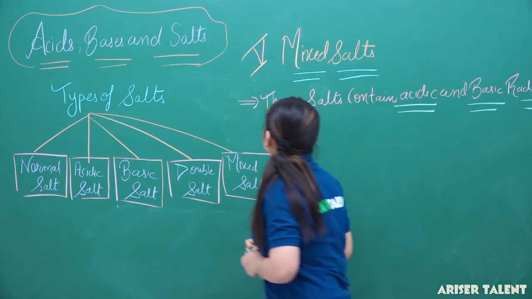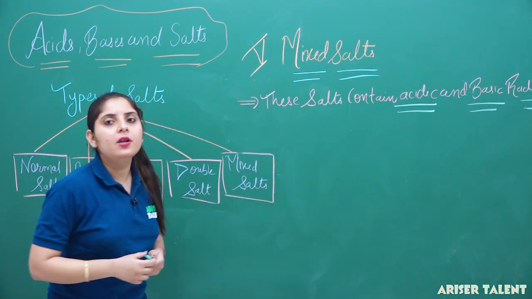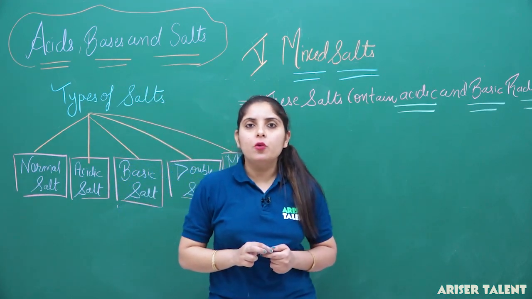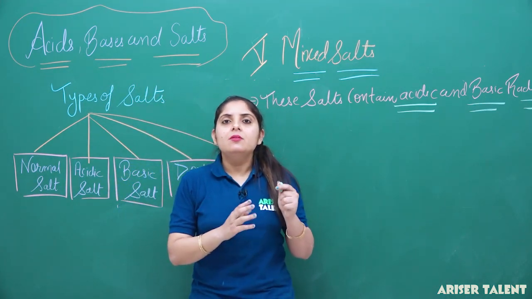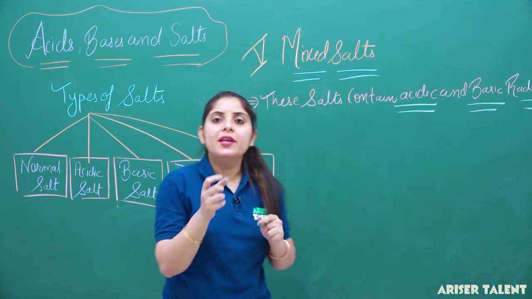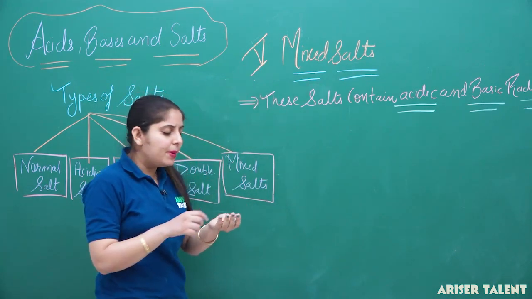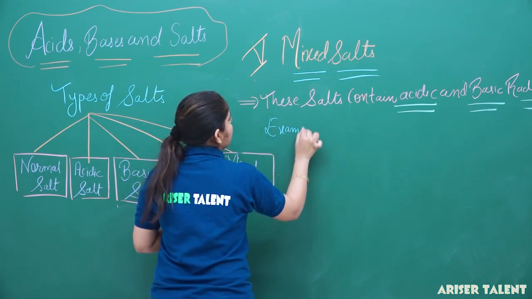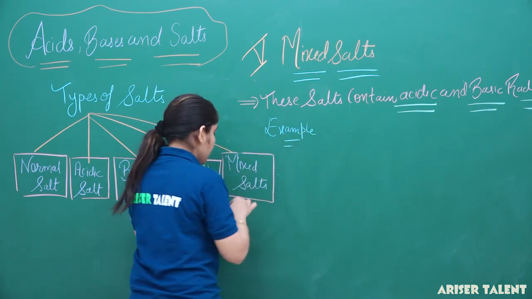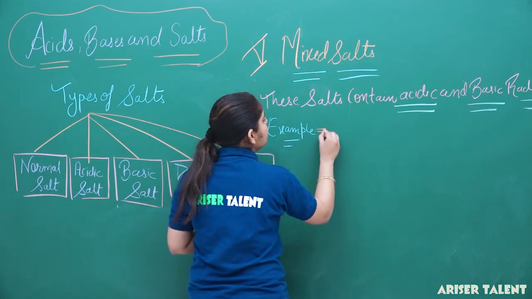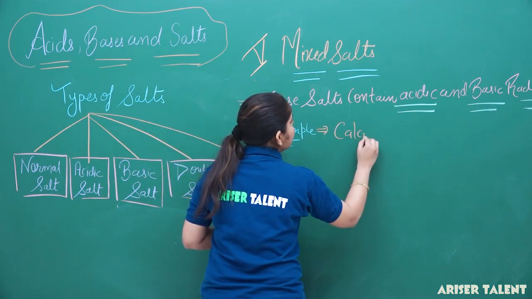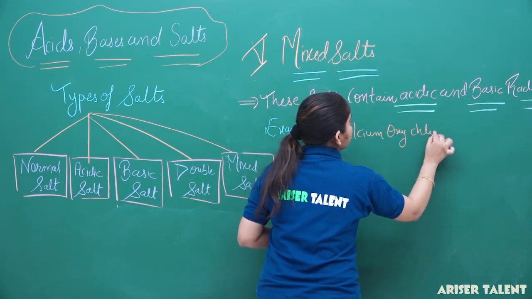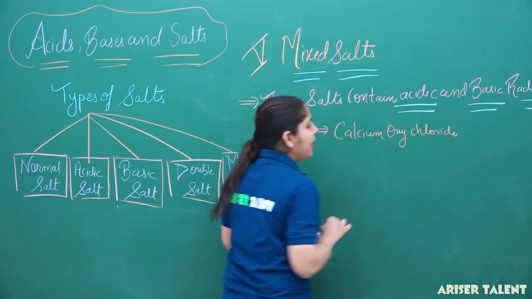So we will take an example to understand this type of the salt. If I am talking about the bleaching powder, that is calcium oxychloride, it will contain the two acids in the one salt. So we can categorize it in the category of the mixed salt. So we have an example here. Our first example is calcium oxychloride.